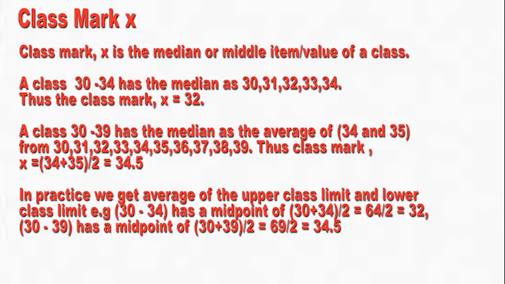Class mark, labeled as X, is the median or middle value of a class. For example, a class of 30 to 34 has values 30, 31, 32, 33, and 34. Thus, the median is 32, which becomes our class mark.